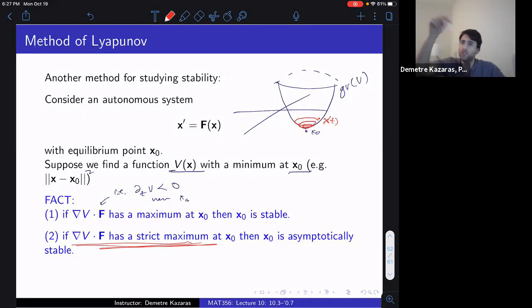So not only do nearby solution curves not fly away to infinity, but they actually attract to x naught. Okay, so that is the idea.